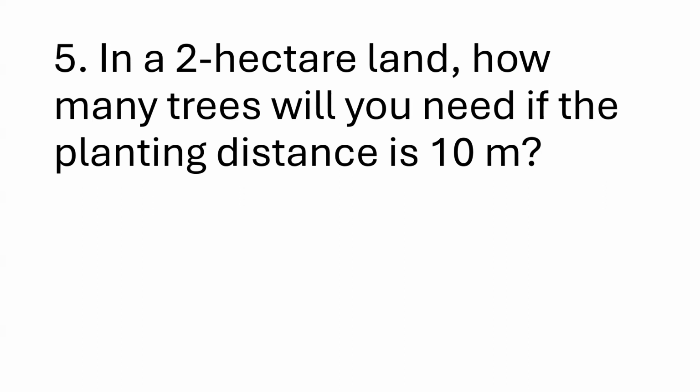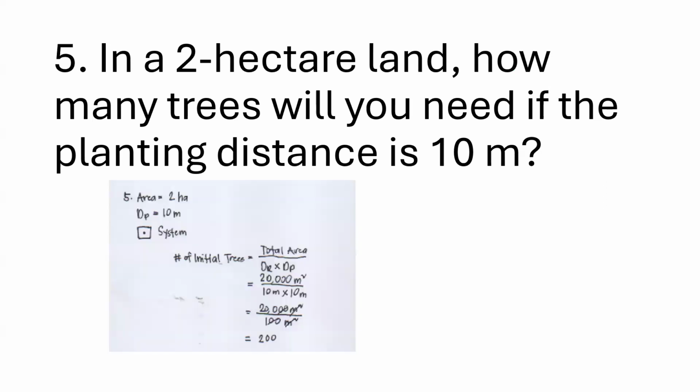20,000 square meters. Then our planting distance is 10 meters. So 10 times 10 is 100 square meters. Cancel like terms. M square cancelled. 0, 0, 0, 0, cancel. Ang natira, 200 over 1 equals 200.